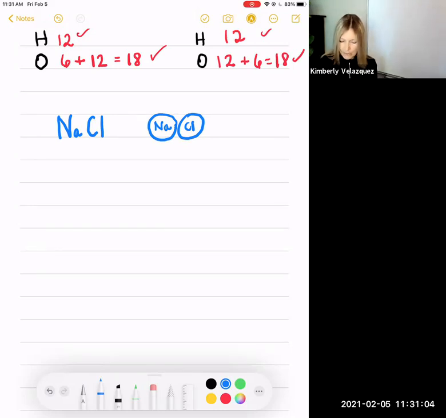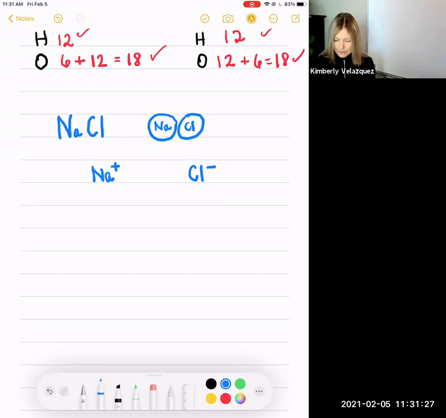Remember that when they're separate, they have a charge, which is written with a superscript. So the sodium ion has a positive charge and the chlorine ion has a negative charge. They're attracted to each other, and when they're connected, the positive one and the negative one cancel each other out. Remember, that's different than the covalent bond.